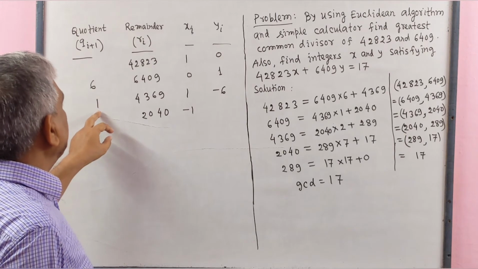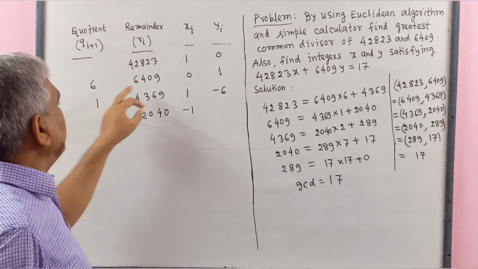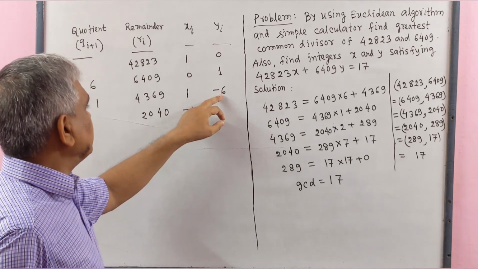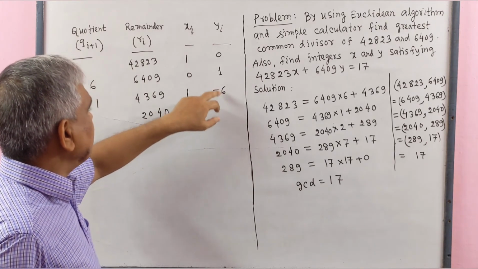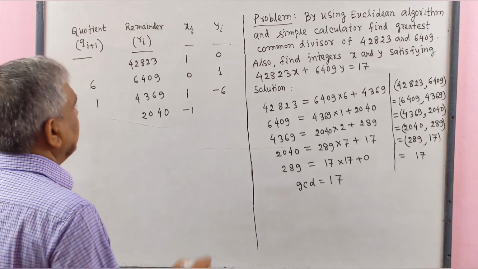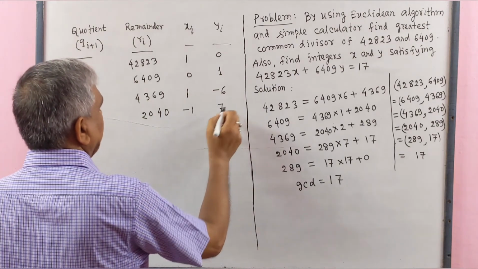Multiplying 1 with minus 6 gives minus 6, and subtracting from 1 gives 7.